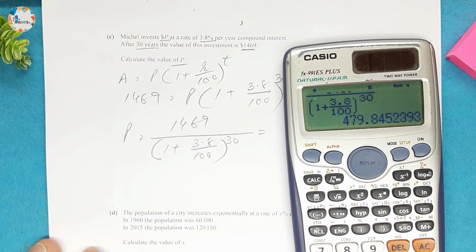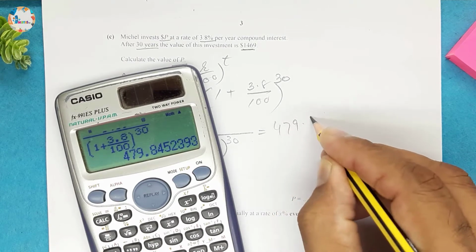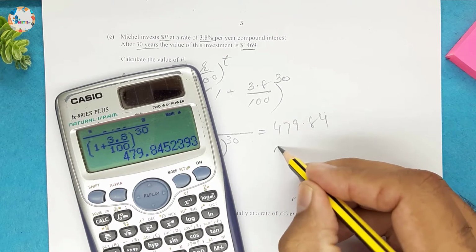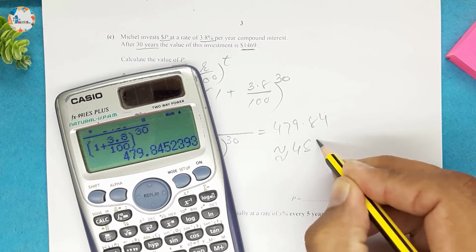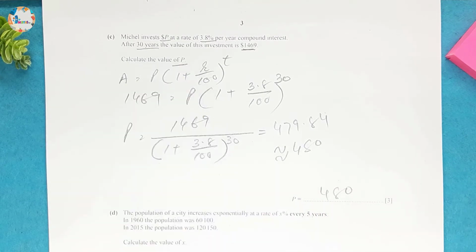This is equal to 479.84, so approximately 480. So the principal amount will be $480.